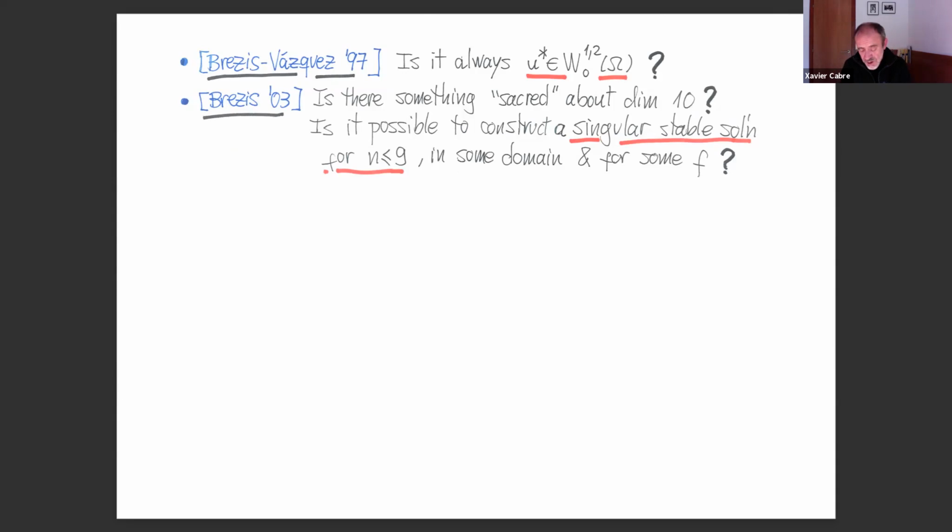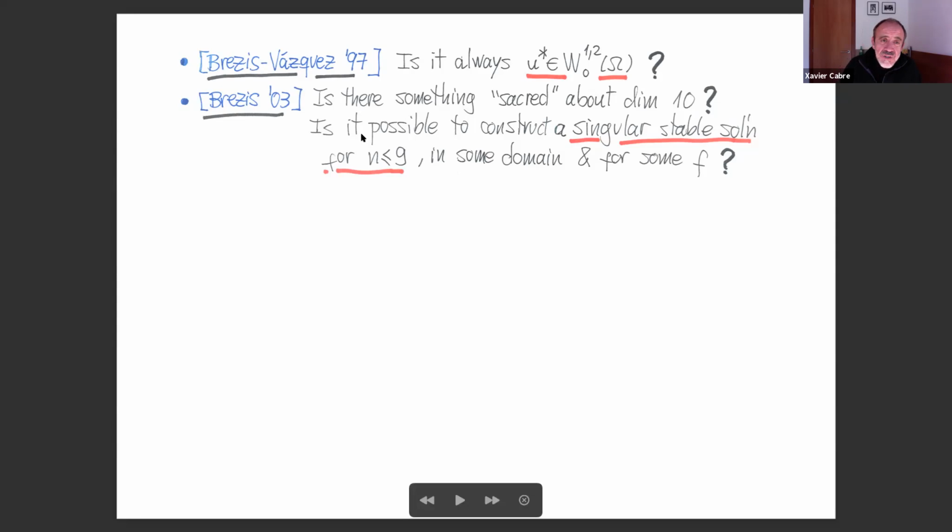Well, and some results were also elliptic, but they started with the parabolic. So at that time, in 1995, I arrived in Paris, and I was a postdoc there. So I got interested in the problem. So it was Brezis mainly who raised these questions.